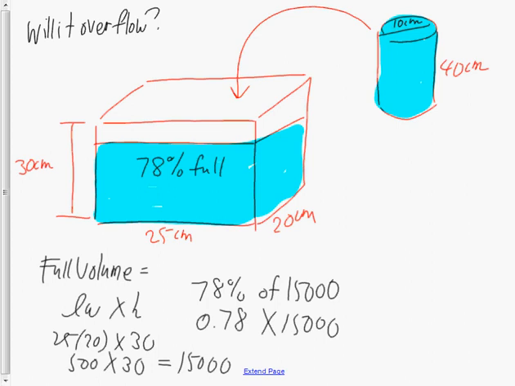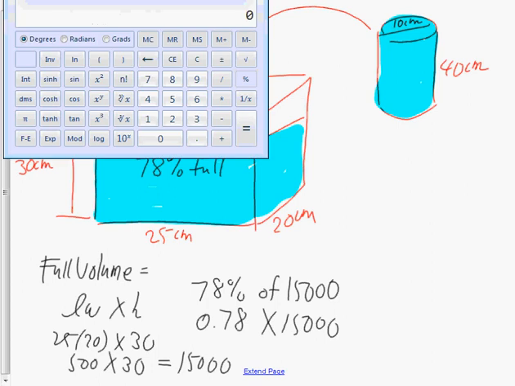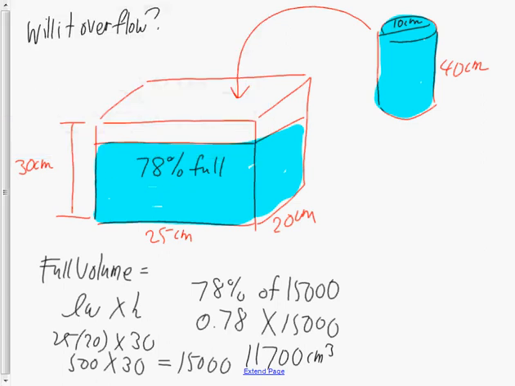I'm going to take my calculator and do that work. 78% of 15,000 is 11,700 milliliters, or centimeters cubed. That's how much water is in that particular container right now. Okay? So the full volume is 15,000. The amount of volume that's in there right now is 11,700 milliliters of liquid.